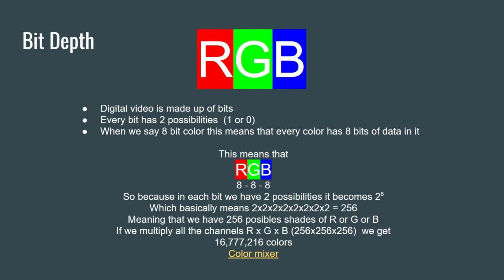So, that's 256 possible color tones in red, 256 color tones in green, 256 color tones in blue. If we multiply all these channels, RGB, so that's 256 times 256 times 256, we get 16,777,216 color possibilities when we combine them together.